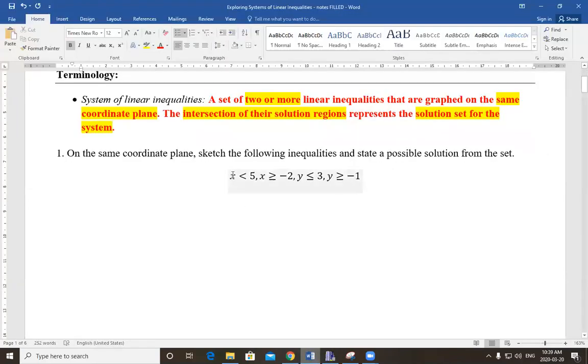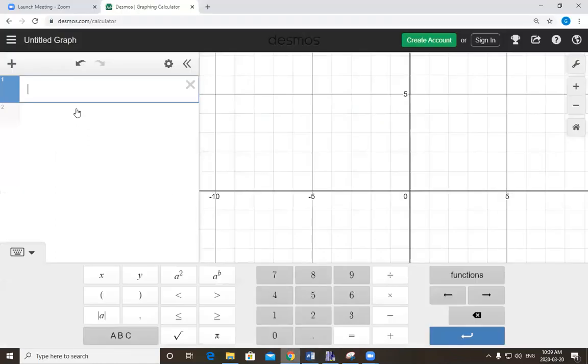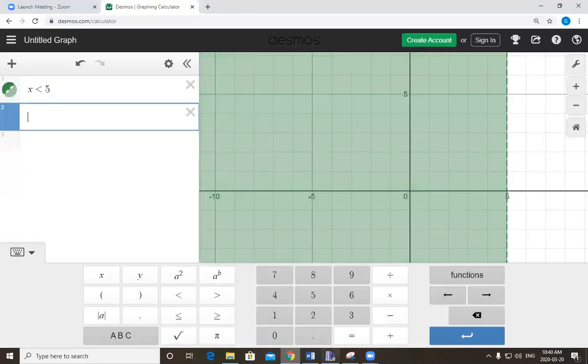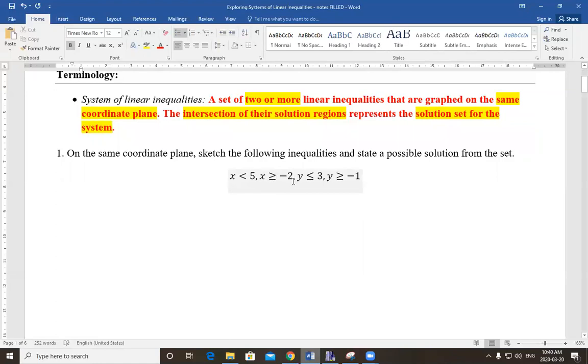So our first inequality is x less than or equal to 5. We would type that right into row 1, x less than or equal to 5. The second inequality goes on the second row, x greater than or equal to -2.